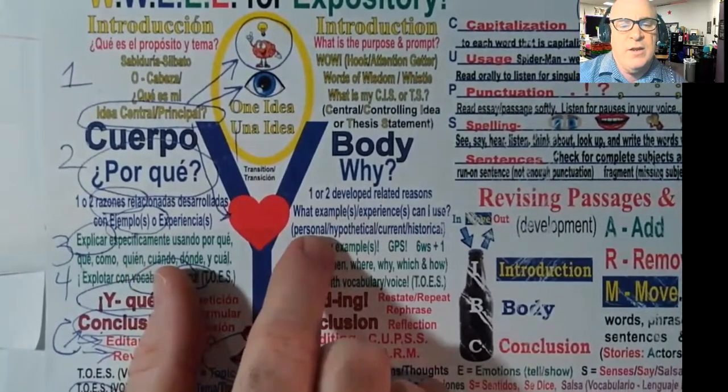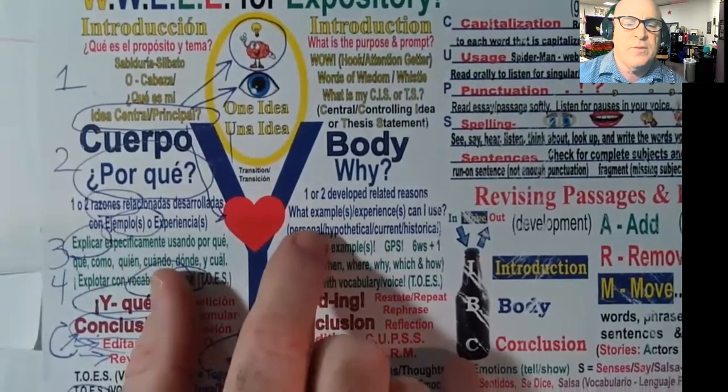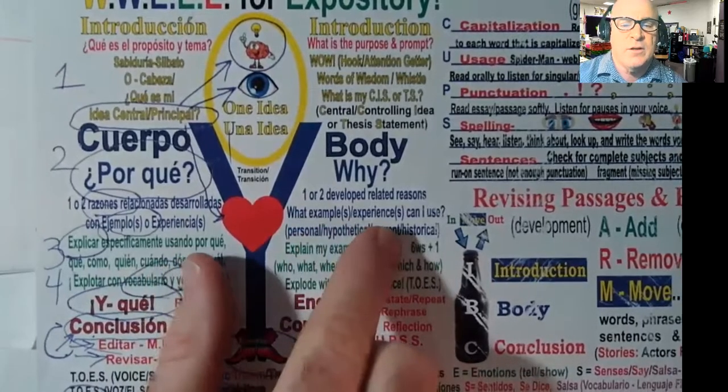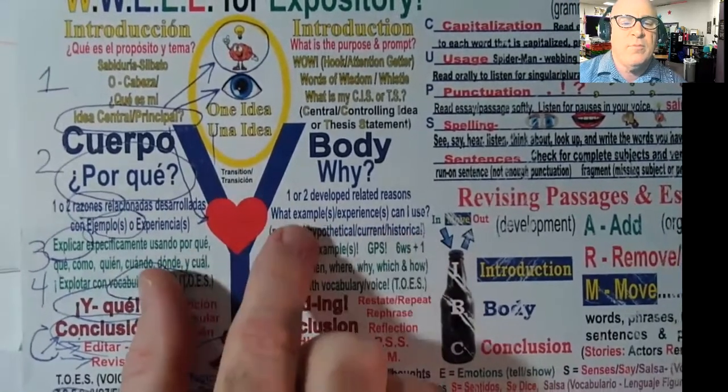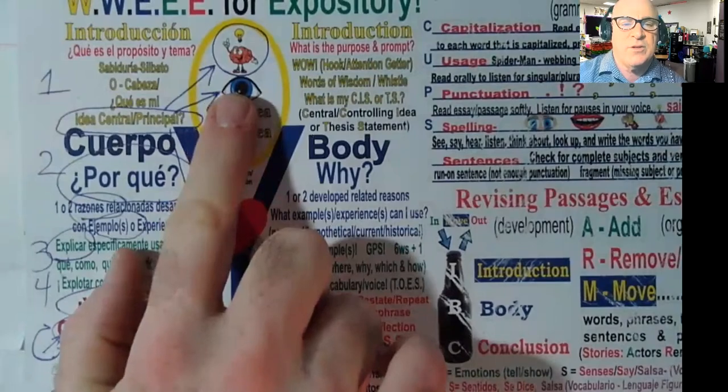And every example for elementary, middle school, high school is in one of these categories: personal, hypothetical, current, historical. One way to remember is because pirates have one eye, because they have that patch sometimes.